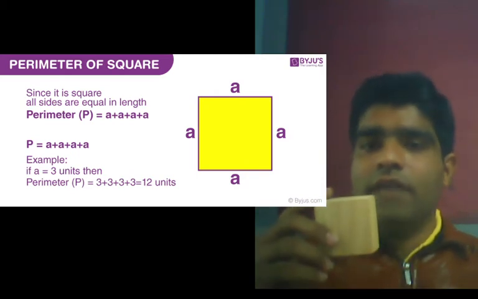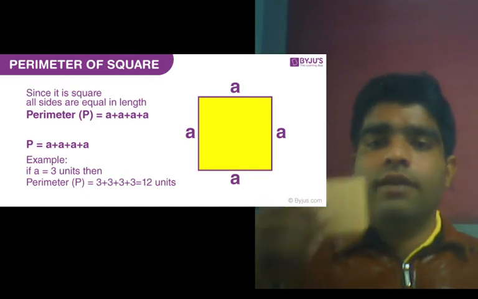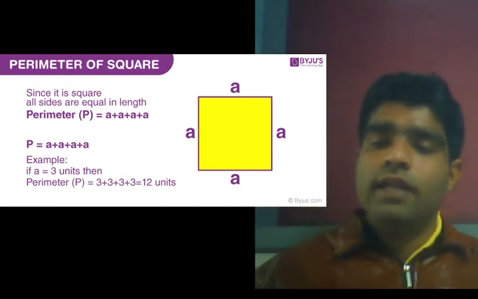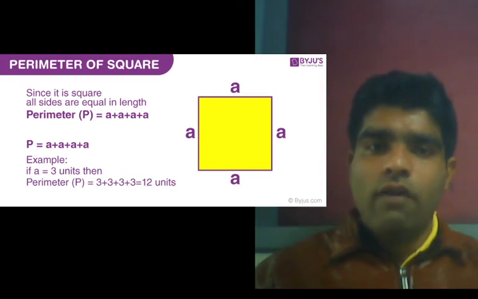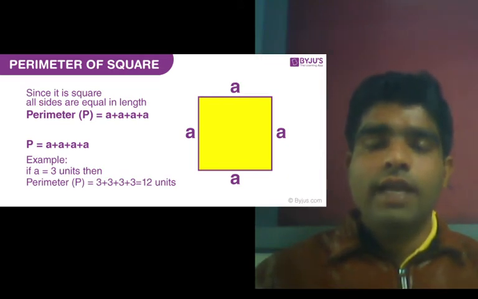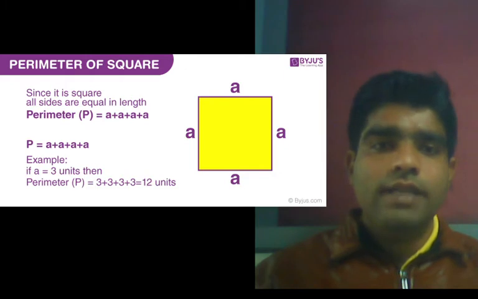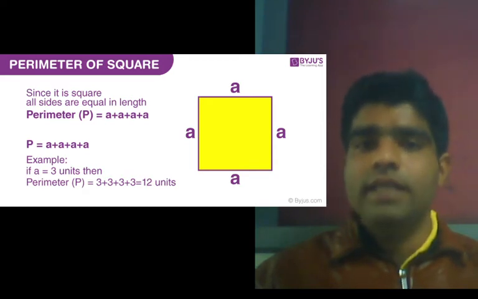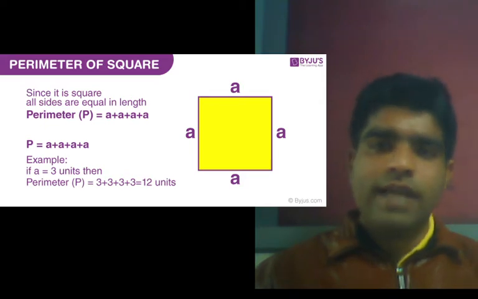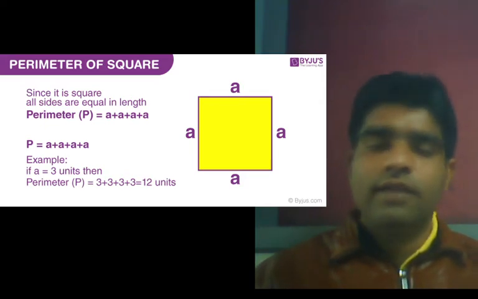Here a is denoted by the length of a side, because in a square all four sides have the same length. This is the perimeter of a square. Since all the sides of a square are equal in length, we denote the perimeter by the letter P. P is equal to the addition of all the sides, or you can also write 4 multiplied by a.